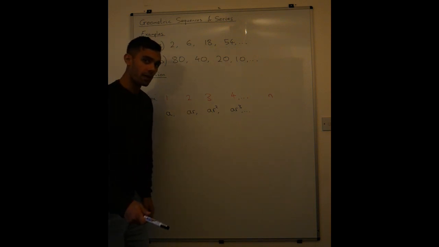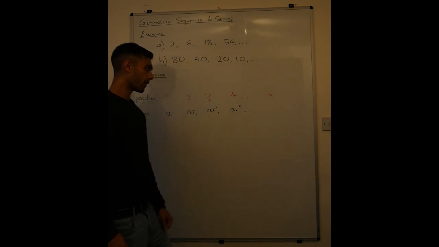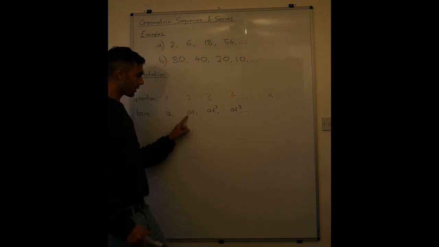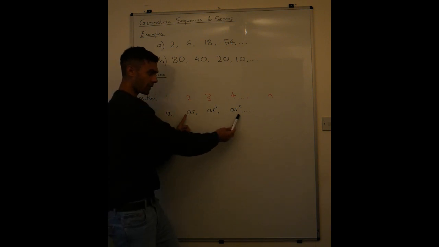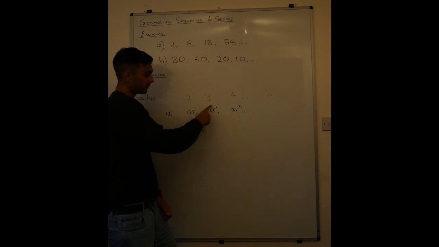And the question is, what is the nth term? You can probably see a pattern between the positions and the terms. Nearly all of these terms are a multiplied by r to a certain power. And you can probably see the power of r is always 1 less than the position. The power of r here being 1. So position 3, power of r is 2.